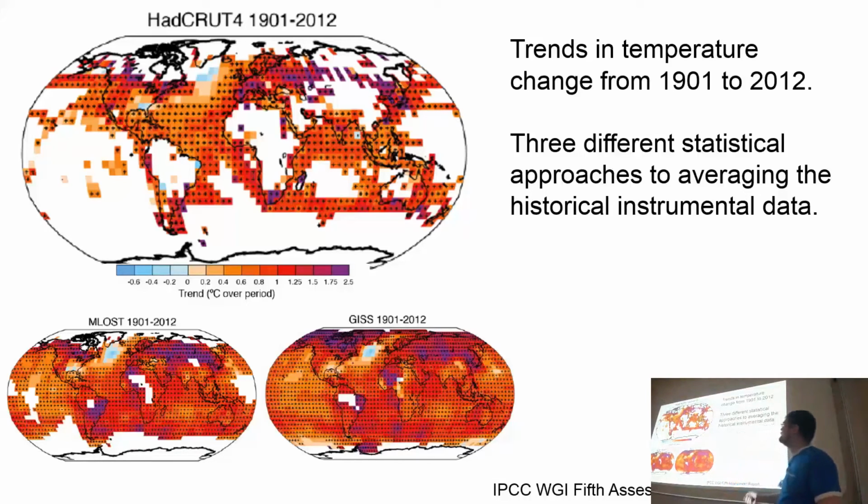This is a map of the temperature in 2012 minus the temperature in 1901, so it's basically 100 years of temperature difference. You can see that these give positive numbers mostly, so it's warmer now than it was in the past.